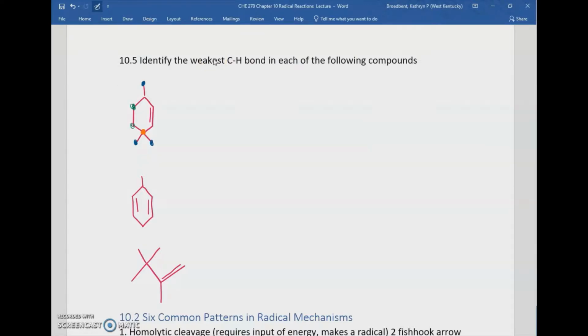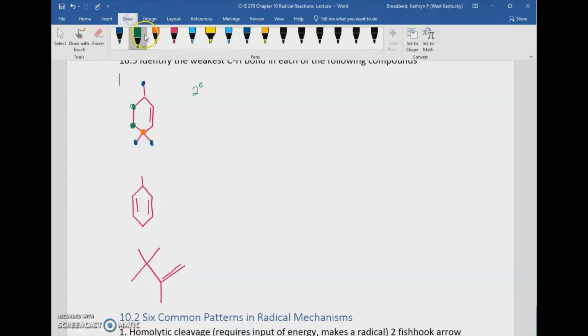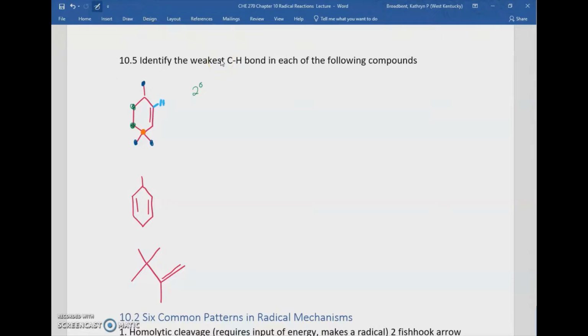The green ones here will give us secondary radicals, and that's better than the primary ones that we looked at before, but not quite there yet. There are hydrogens here and here, but those are not going to make stable radicals.